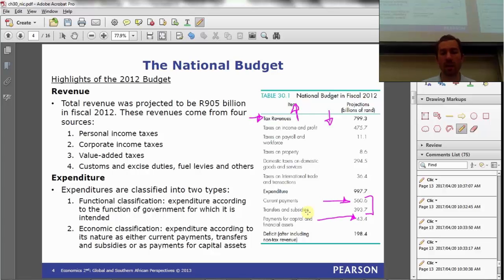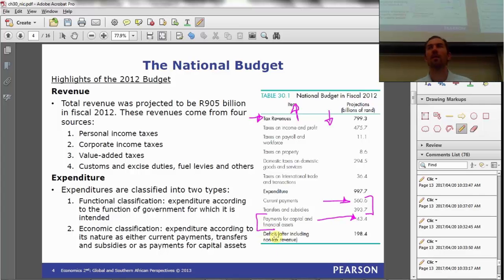Or there's another way you can do it, which the textbook doesn't really talk about, but it's this thing down here. What about if government invests in things like infrastructure? Increase government spending on infrastructure, which then promotes growth. Building electricity substations, building roads, building dams.